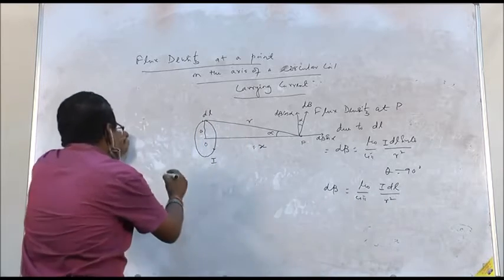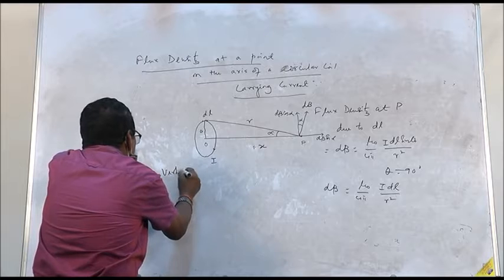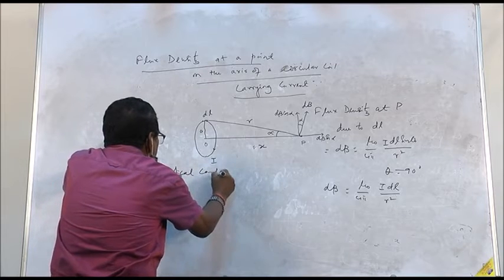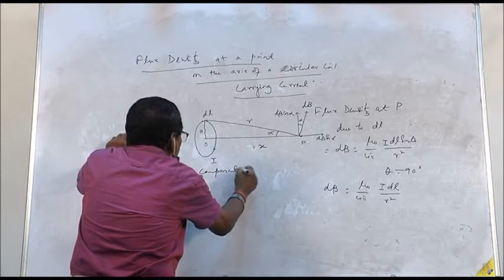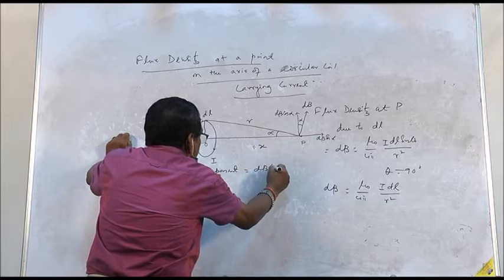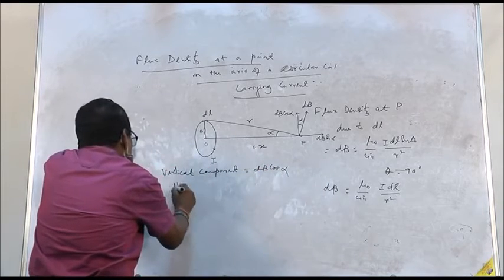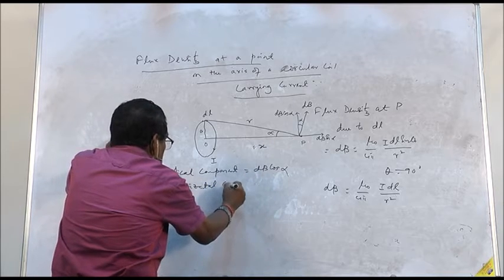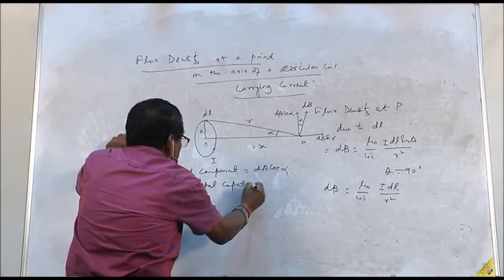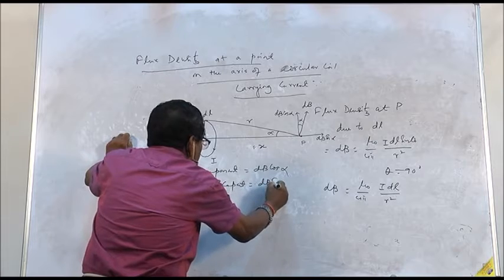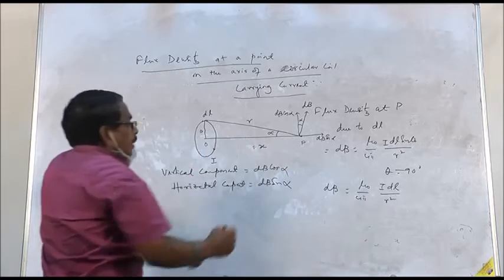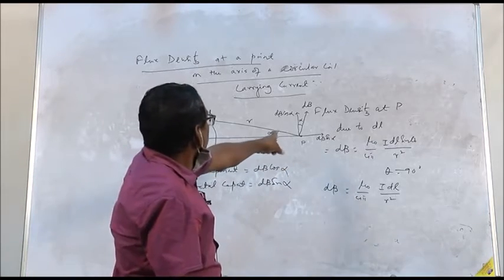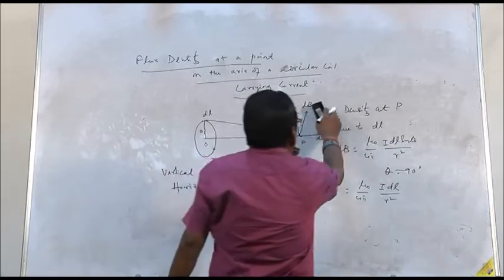The vertical component is dB cos alpha, the horizontal component is dB sin alpha.